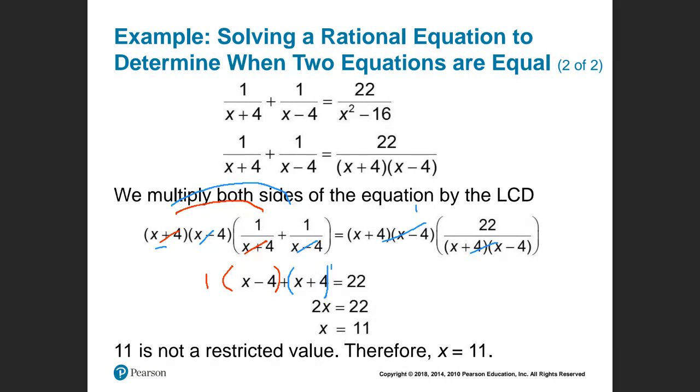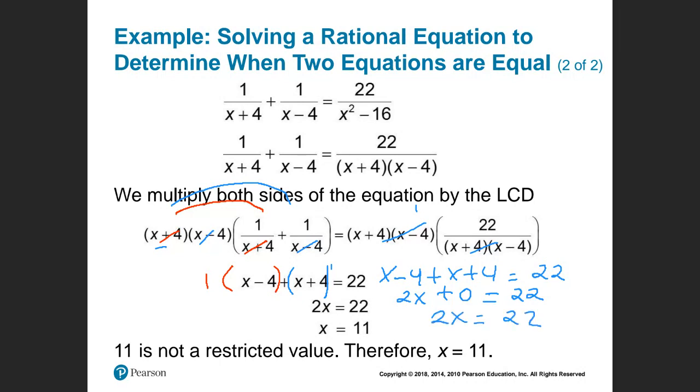So now we can solve. Everything times 1 is the same, so it becomes x minus 4 plus x plus 4 equals 22. x plus x is 2x. Negative 4 plus 4 is 0. So now the answer is 2x equals 22.